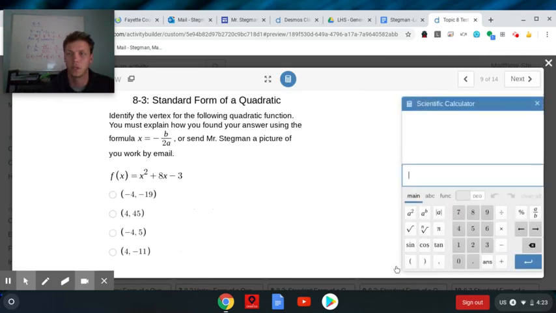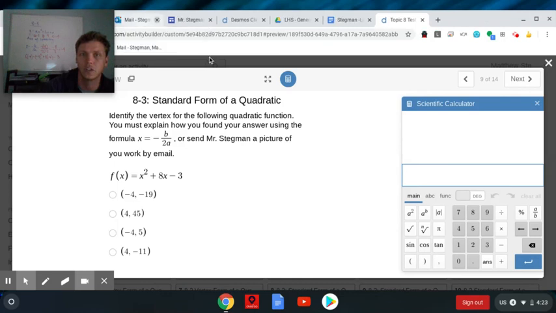And I'm going to type it in. Now, notice how I use parentheses here. I'm going to use parentheses on the calculator, especially when you're dealing with negatives. You're going to open yourself up to a lot of errors if you do not.